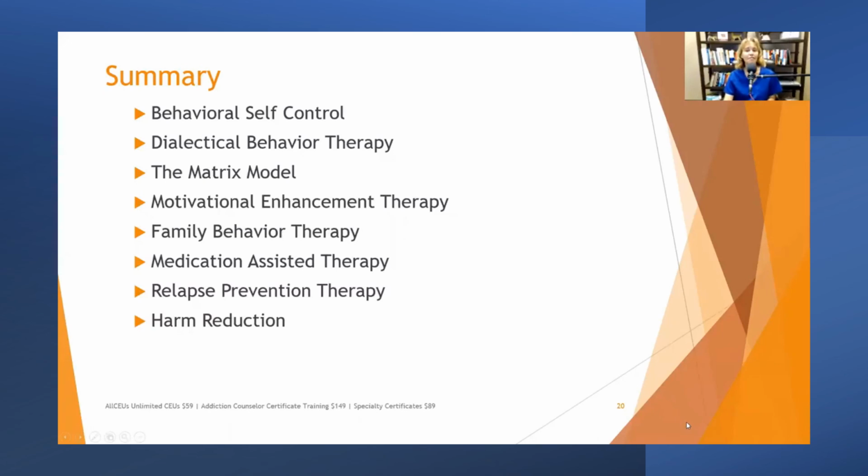In family behavior therapy, the client plus one other person in the family need to be involved, and it incorporates behavioral contracting and contingency management. So they make agreements, and then there are consequences as well as rewards for following the contract or not following the contract.